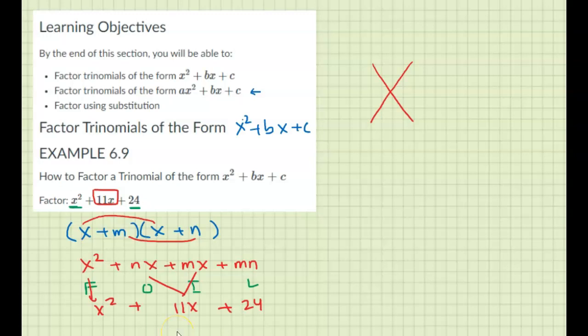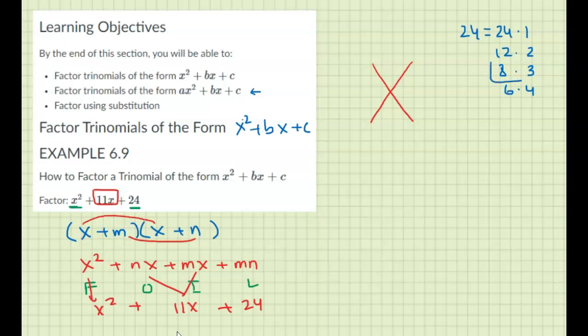A good way to think about it is to start with the constant number and ask, 24 is what times what? Is it 24 times 1, or 12 times 2, or 8 times 3, or 6 times 4, or 4 times 6, but we're going to start to repeat. Which of these pairs are going to add up to 11?